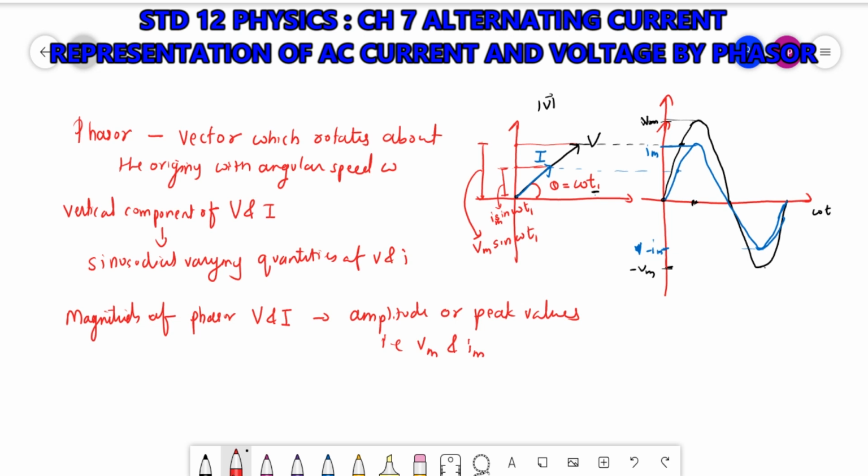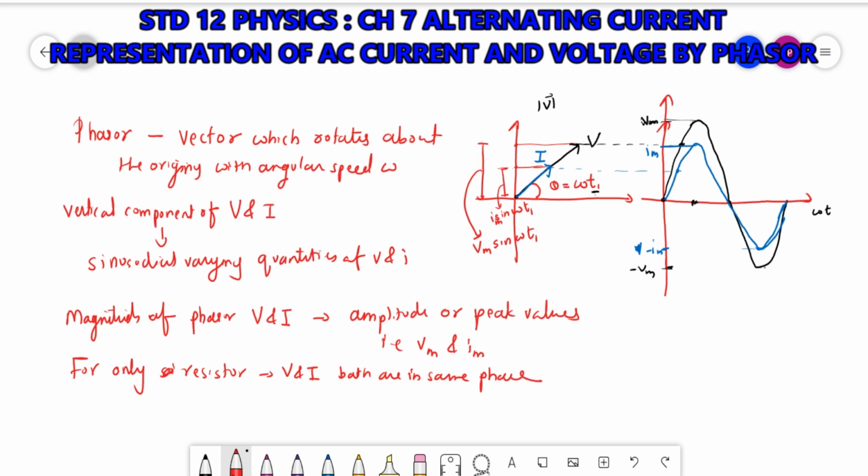Now see the figure that I have drawn. That is the case of a resistor. For only a resistor in the circuit, V and I, the voltage vector and the current vector, are in the same phase.